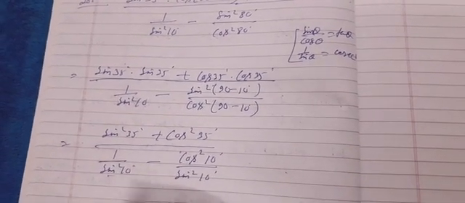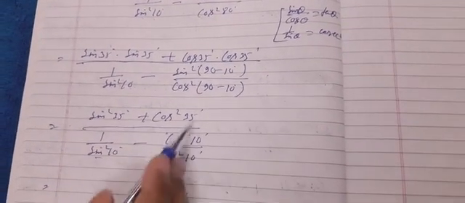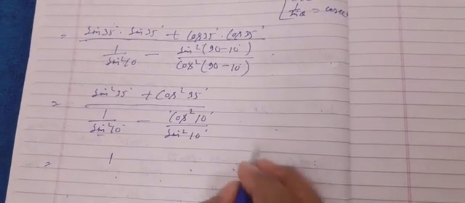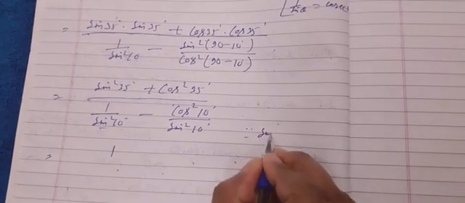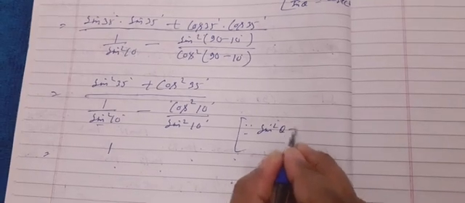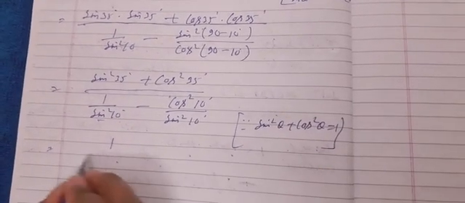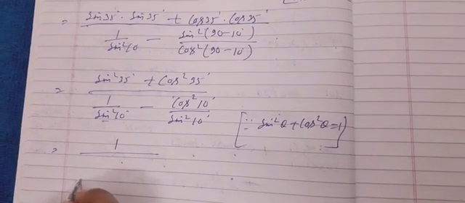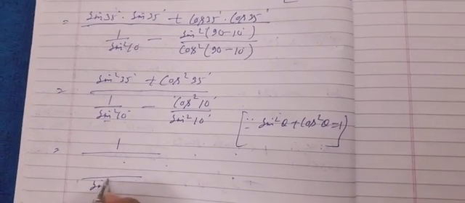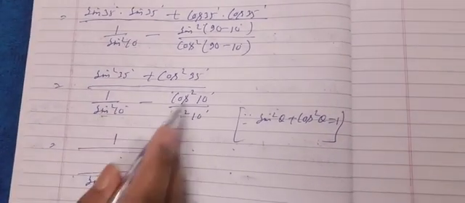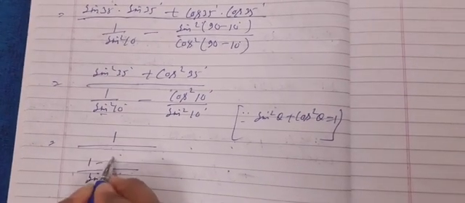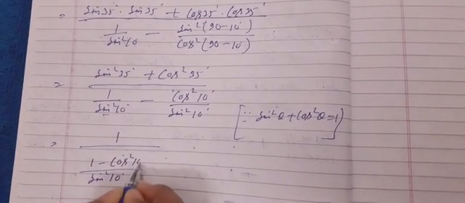Now we can take LCM because both the denominators are the same. The main numerator is 1, since sine square theta plus cos square theta is equal to 1. So 1 upon, what is the LCM? LCM is sine square 10 degree. So what is the remaining thing? Here is 1 minus cos square 10 degree.